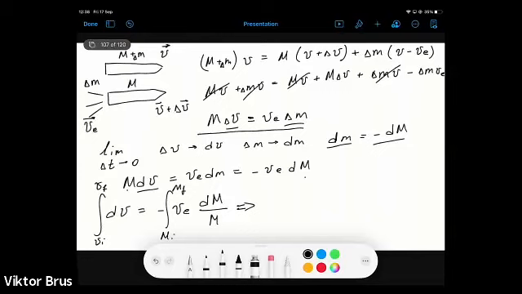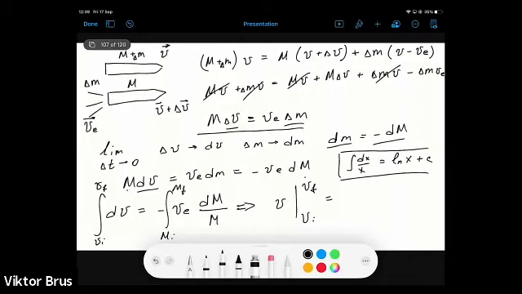Okay. So now we integrate. On the left side, it will be easy. It is V from V initial to V final. On the right side, if you don't remember, I can remind you, the integral of dx over x is equal to natural logarithm of x plus some constant.